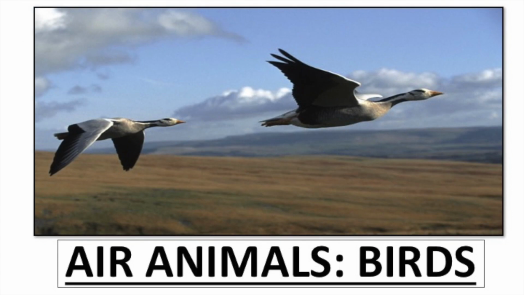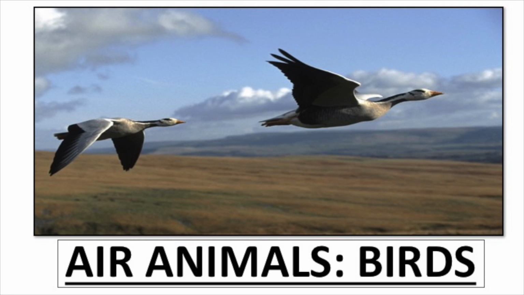And then we have, not flamingo, birds. We say air animals, but really they're not air animals because we have a special word for them. That word is birds. Yes. Animals that can live in the air by flying, we call birds.